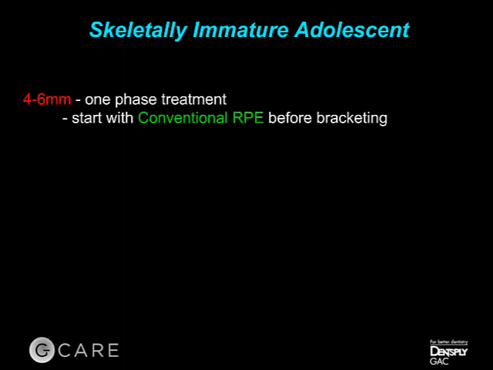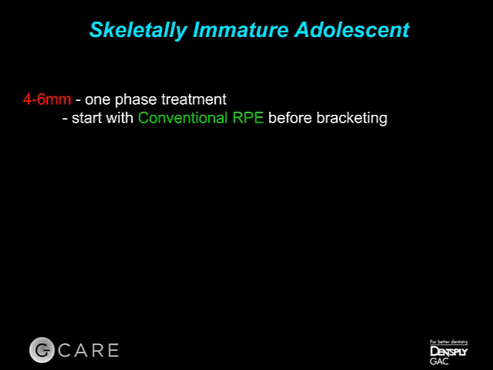So to this end, we've started to develop protocols based on what we see on skeletal maturity, immaturity, or in adult patients. So when we're looking at skeletally immature adolescents, now these would be patients that typically be 8, 9, 10, 11 years old. If we do the measurement and we see that the discrepancy is between 4 to 6 millimeters, to us this is one-phase treatment.